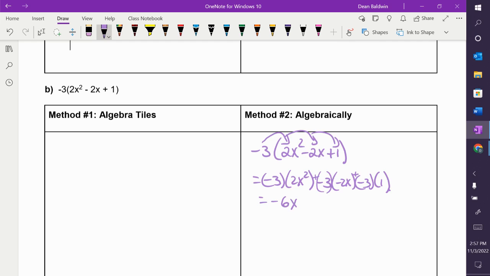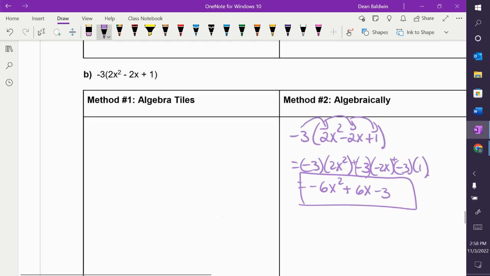The x squared just stays the same because there's nothing to combine it with. Plus negative 3 times negative 2. So that gives me 6x. Negative 3 times 1. Negative 3. So that is the answer.